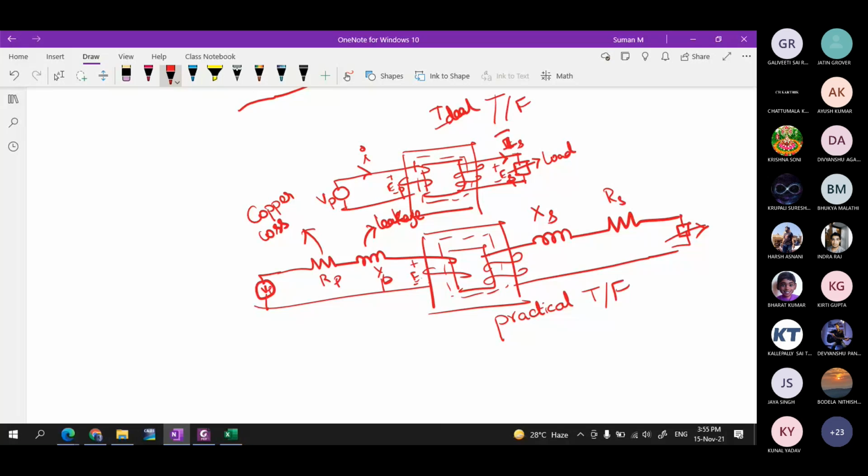If you have understood till now, we can proceed further. If you have any doubt, you can ask now itself, else we will proceed further. Okay, fine. If you don't have any doubt, we will proceed further.